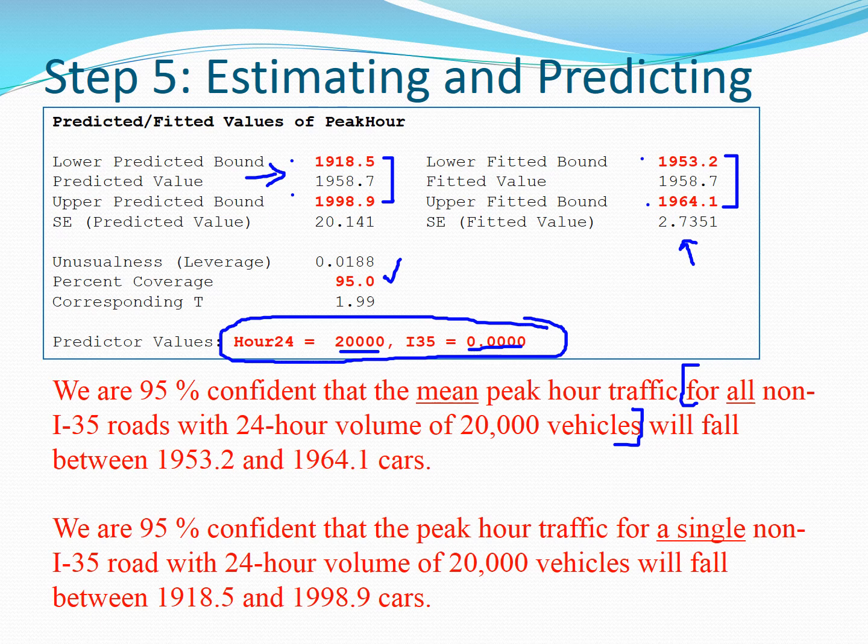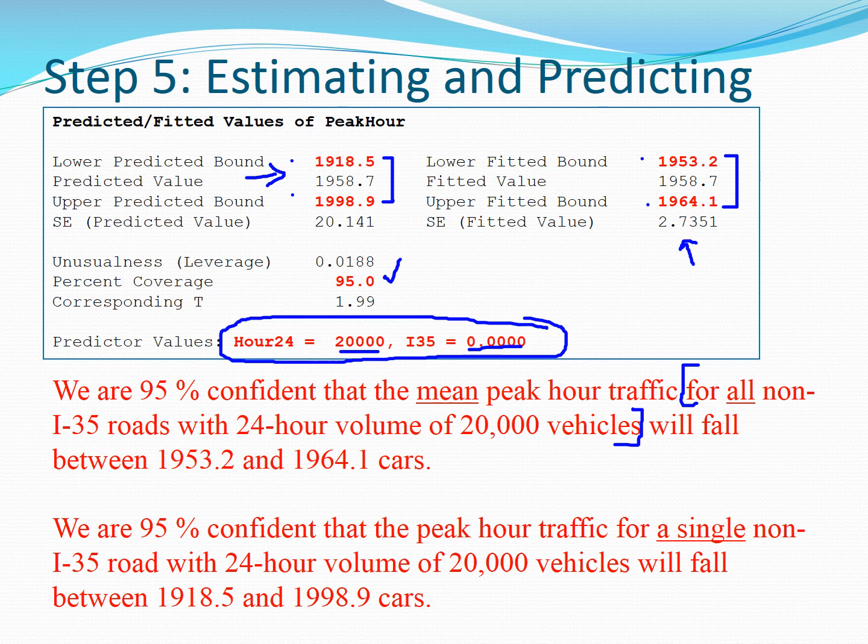I'm 95% confident the price of a house, and because we're using location, we'd probably say the price of a house in Tampa Palms that has 2,000 square feet falls between here and there. I'm 95% confident the average price of all 2,000 square foot Tampa Palms homes falls between here and there. The average of all, the value of a single one.